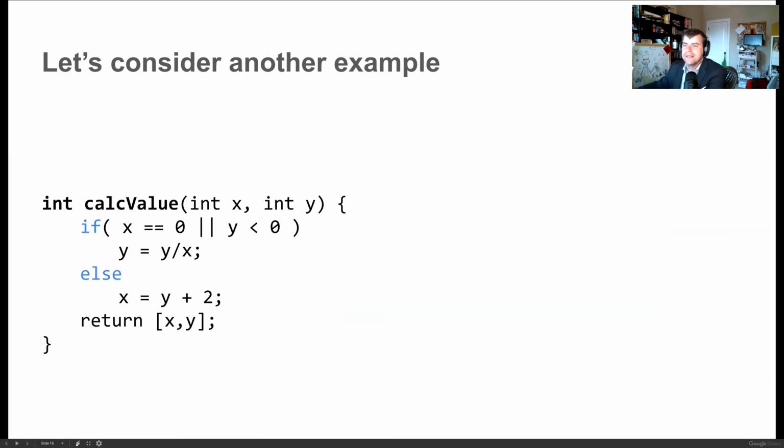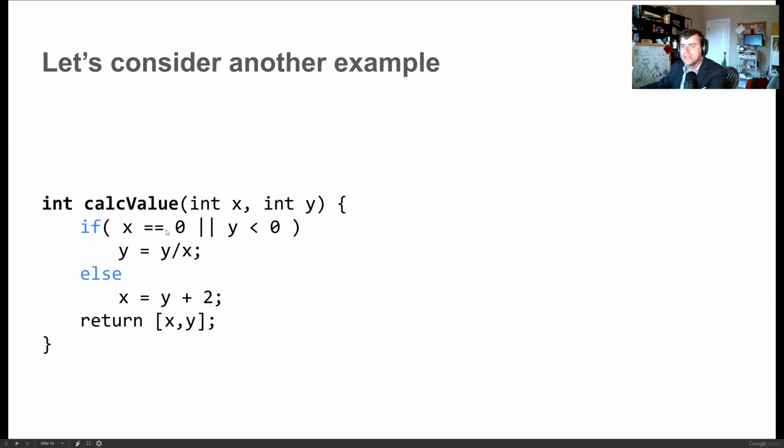So in this case, there's just a really simple if statement and an else, and there's going to be some calculations. And this particular calculation is guarded by two conditions. So this whole predicate is divided up into x equals 0, and then an or, y is less than 0.